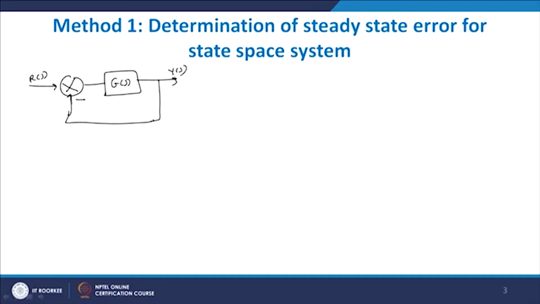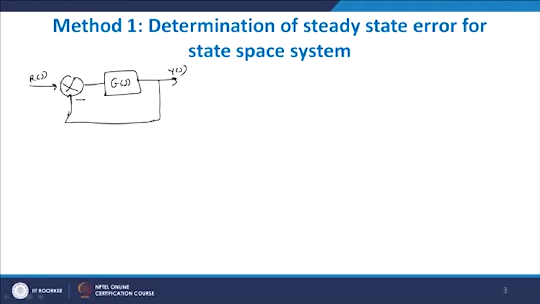Our basic purpose is that we give the input, that is R(s), the desired input, and for the system we get Y(s), and we check the response. As we applied the input like this, if you get a response like this, then we say that there is a steady state error, this is the error.